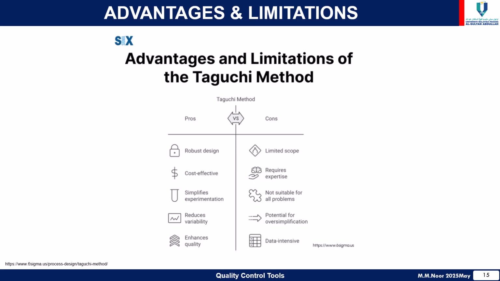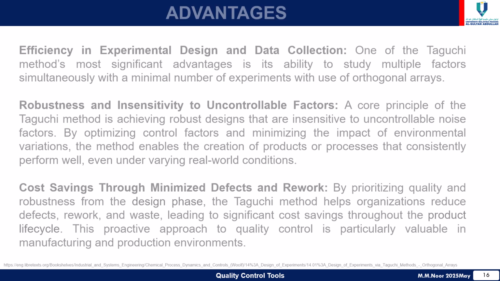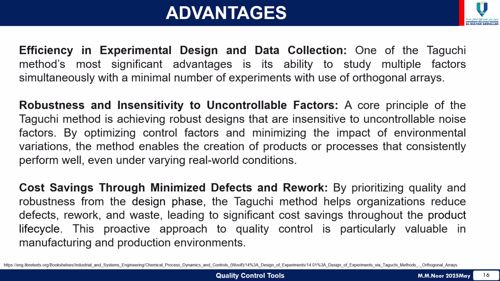The cons are limited scope, requires expertise, not suitable for all problems, potential for oversimplification, and data intensive. So this is the short pros and cons. So we go to the detail a little bit. I have three advantages and three limitations. So we go to the advantages first.